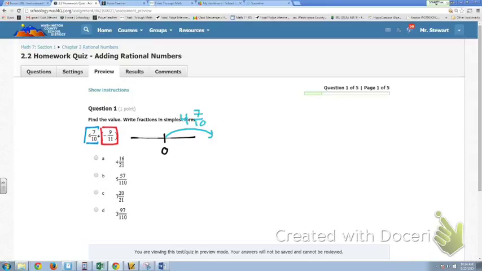Then from there, you go in the negative direction 9/11, which isn't even one whole, so it's just a tiny amount in that direction. Understanding that makes it easier to see the answer.